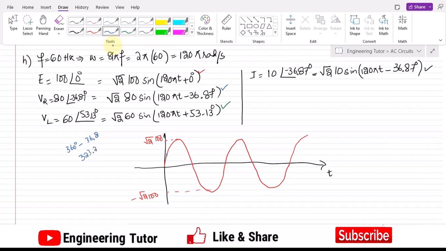Okay, so that is somehow here, and that's why this will start from here. So the phase angle is here and it will start from here, so this will be like this one.